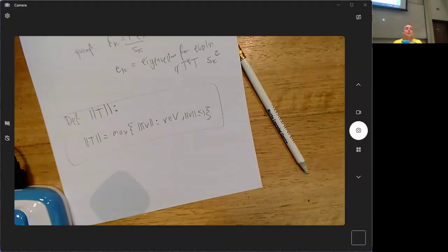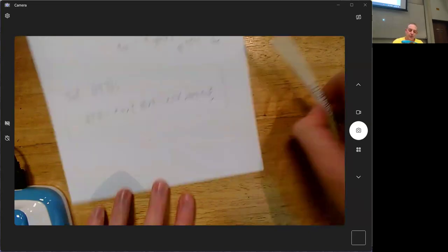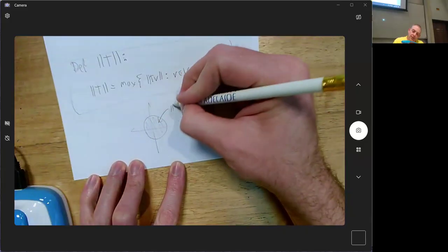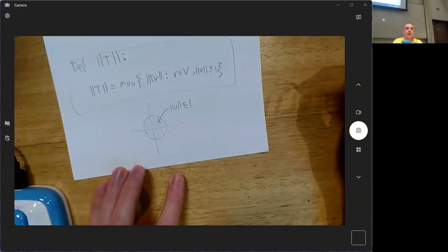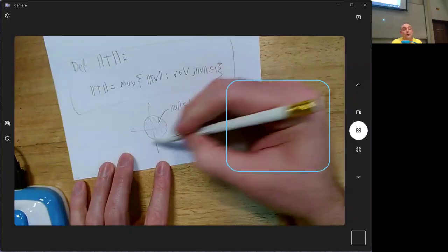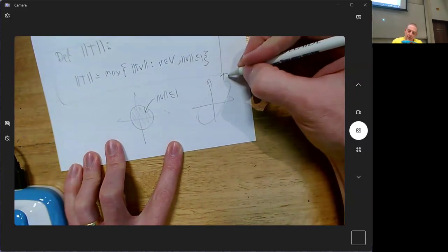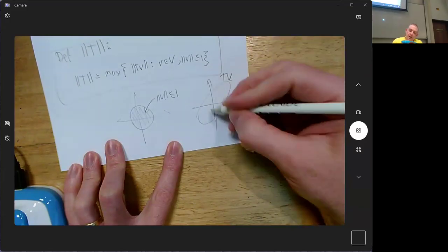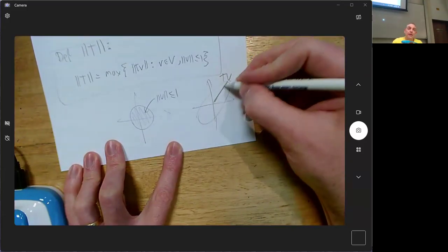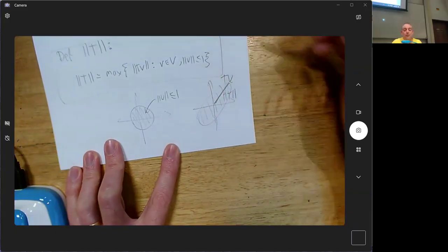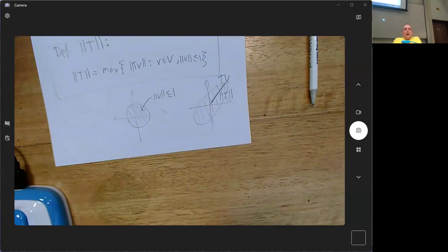Okay, so you make a circle of vectors, or a sphere of vectors, where the length of V is at most 1. Then you do T of all of those things, and the longest length there is the norm of T. Right. Sure.